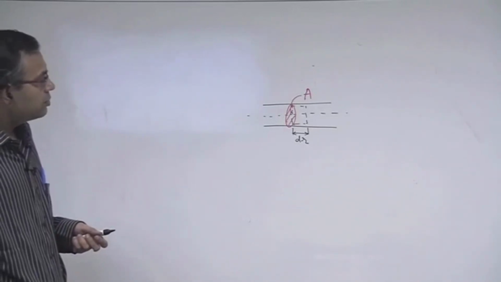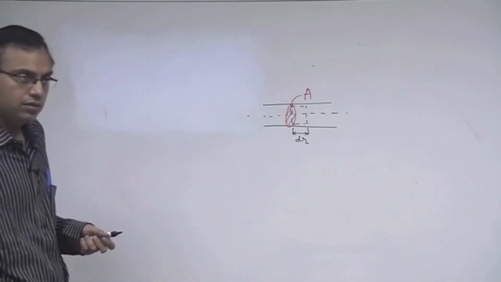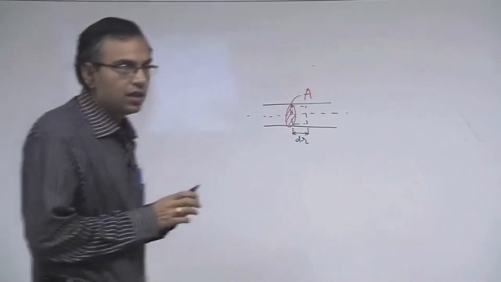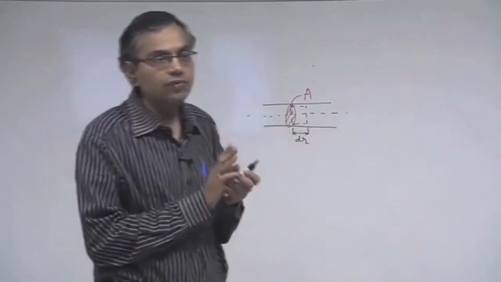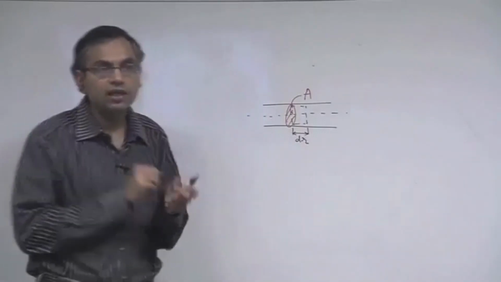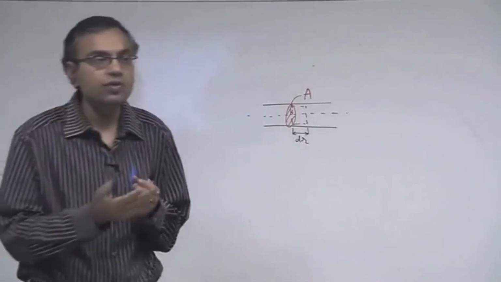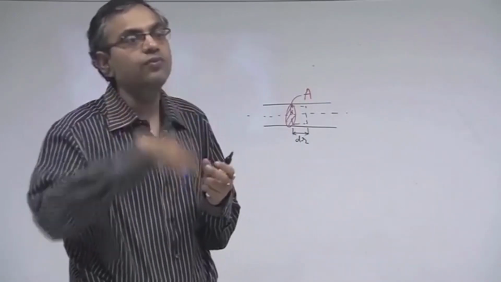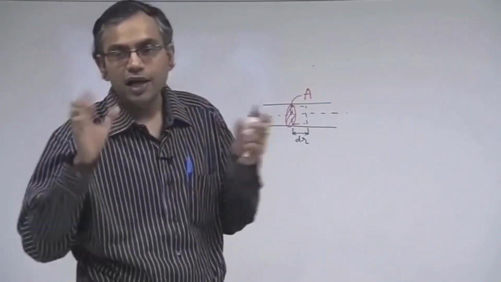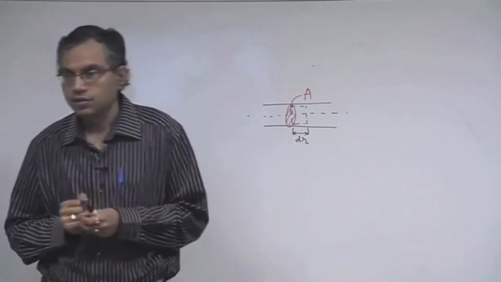Now when the disc is spinning, there are several forces, but we will first discuss the interplay of the centrifugal force and the surface tension force, and then I will discuss what the other forces are, and I will show you technologies where we have utilized the other forces to achieve some task.